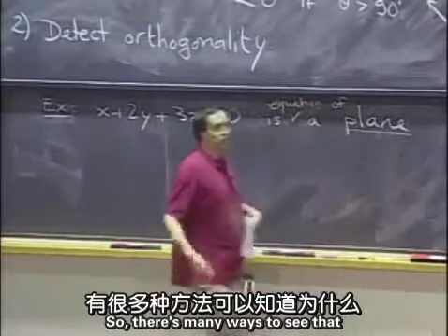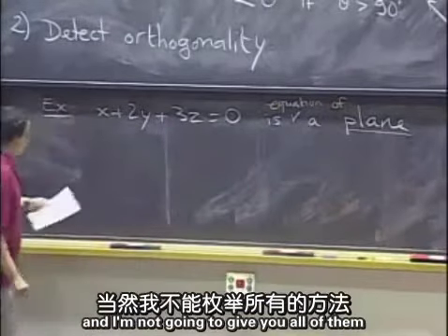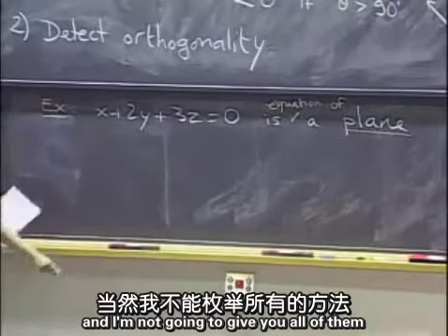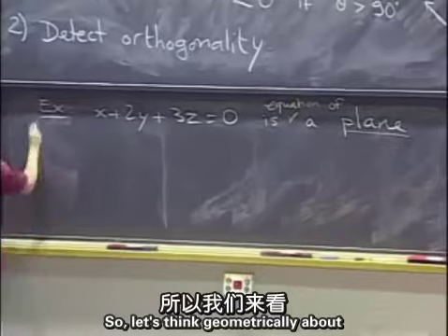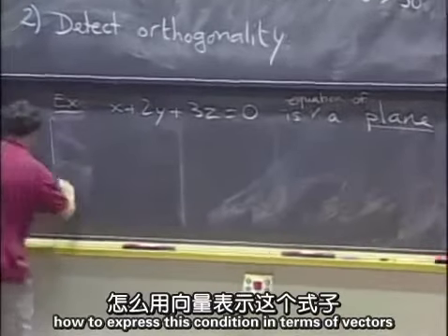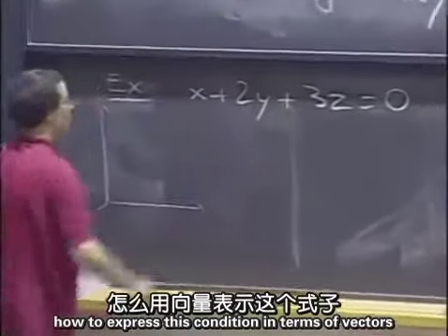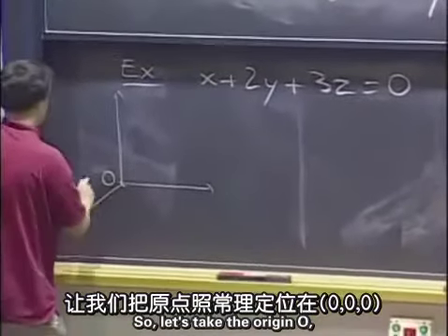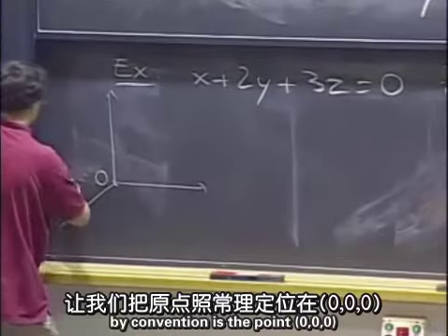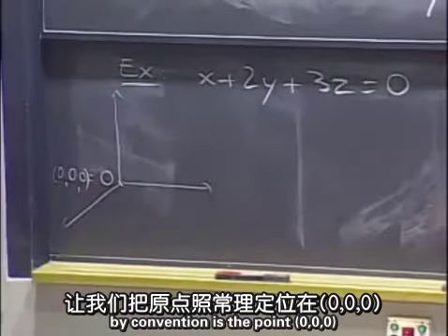There's many ways to see that, and I'm not going to give you all of them, but here's one way to think about it. Let's think geometrically about how to express this condition in terms of vectors. Let's take the origin, O, by convention the point 0, 0, 0.